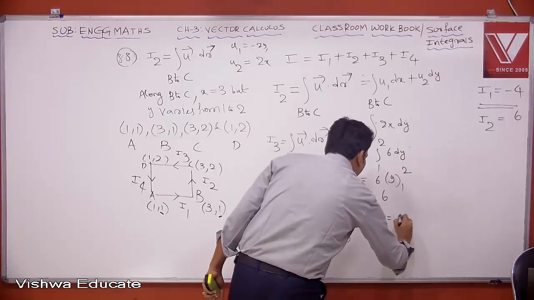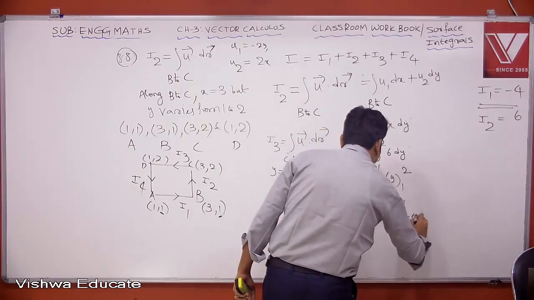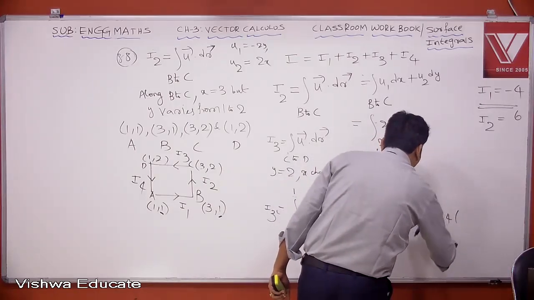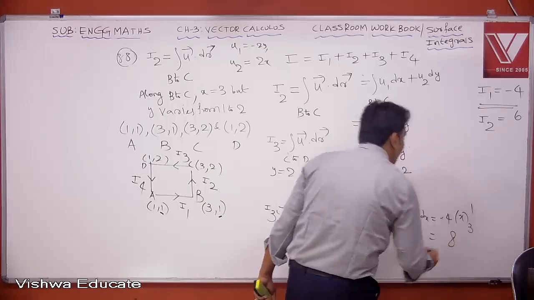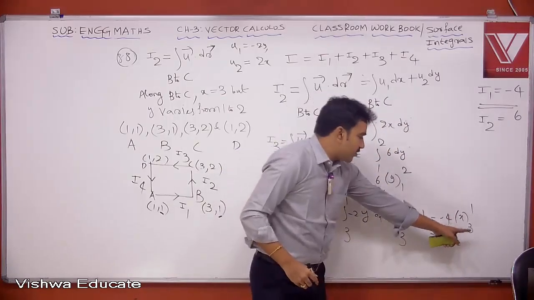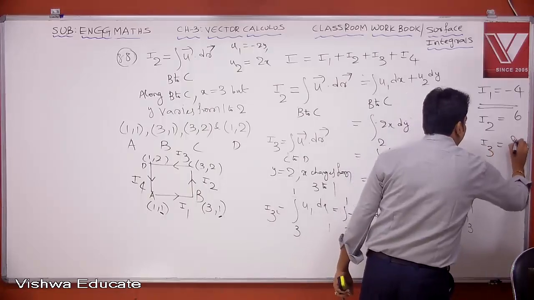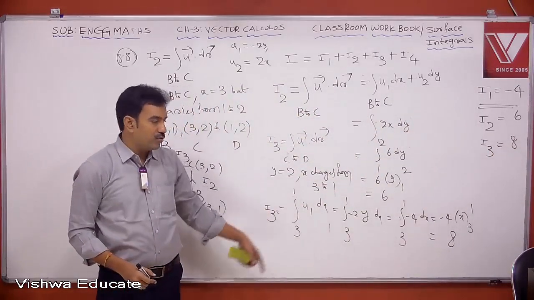Therefore, this is integral 3 to 1, minus 4 dx. Therefore, minus 4 into integral 1 dx, which is x, limits from 3 to 1. So this becomes 8, since 1 minus 3 is minus 2. So I3 equals 8. So note down I2 and I3. After this, we can go for I4.